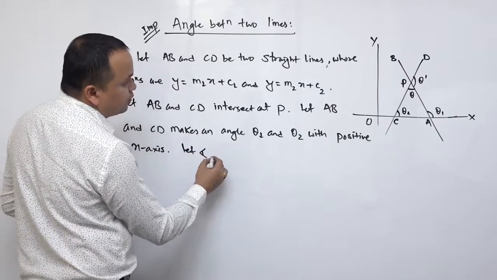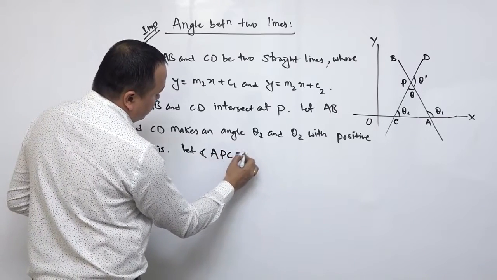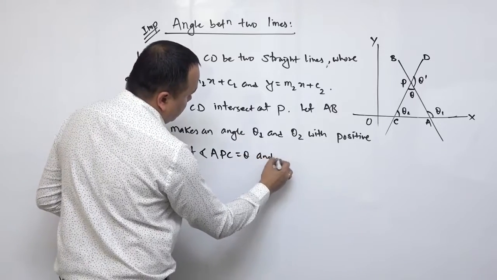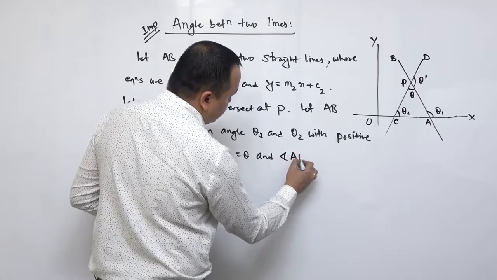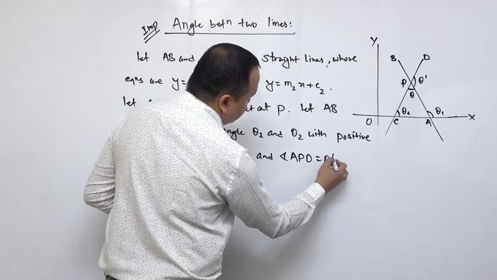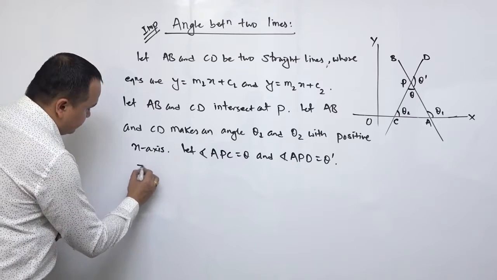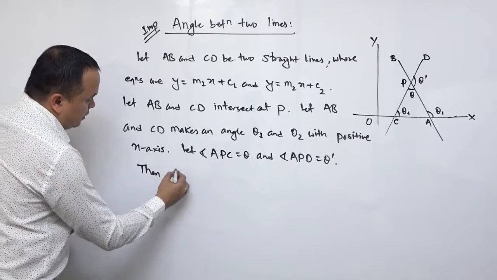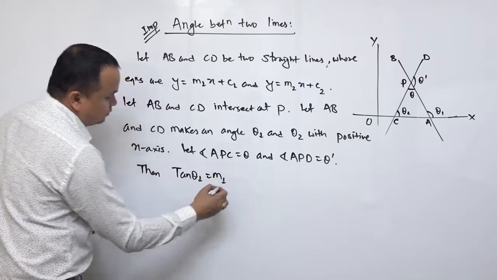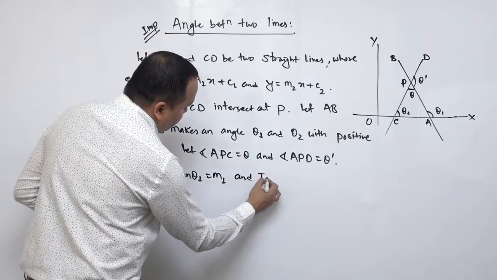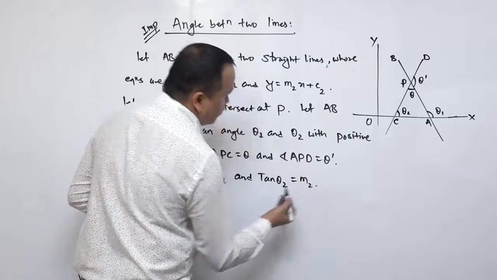Let angle APC is equal to theta and angle APD is equal to theta dash. Then tan theta 1 is equal to m1 and tan theta 2 is equal to m2.